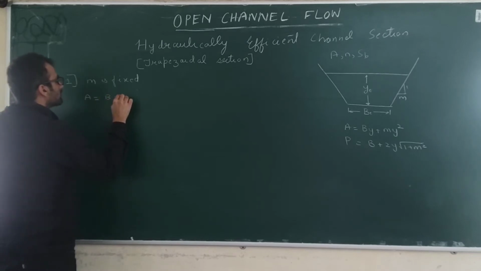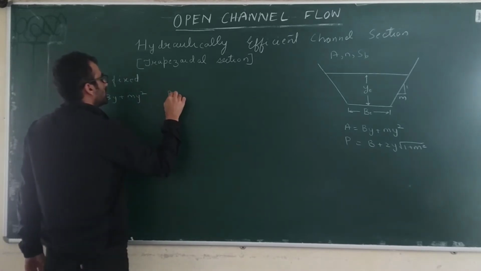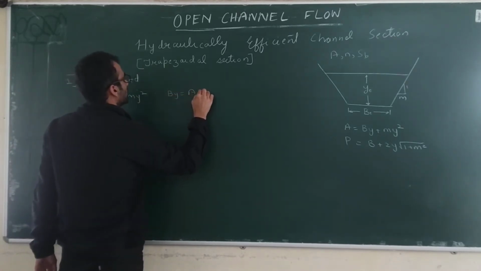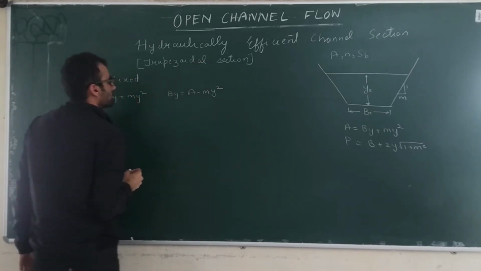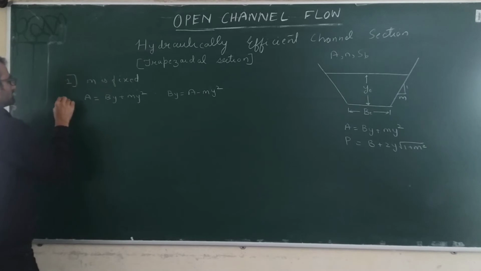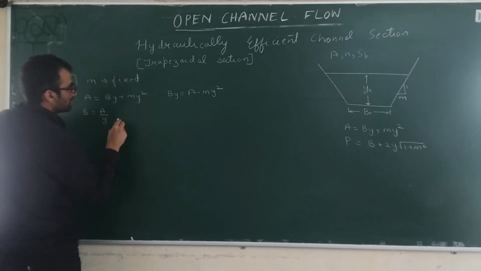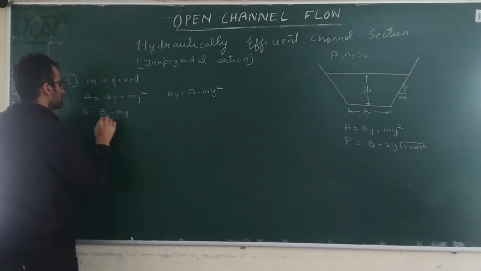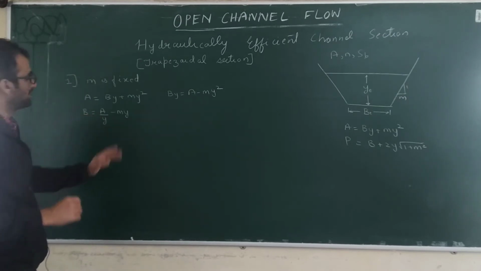Now let's start. So area is by plus my square. So you can write by is equal to a minus my square. Therefore you can write b as a by y minus my. This is the relation between m and a.